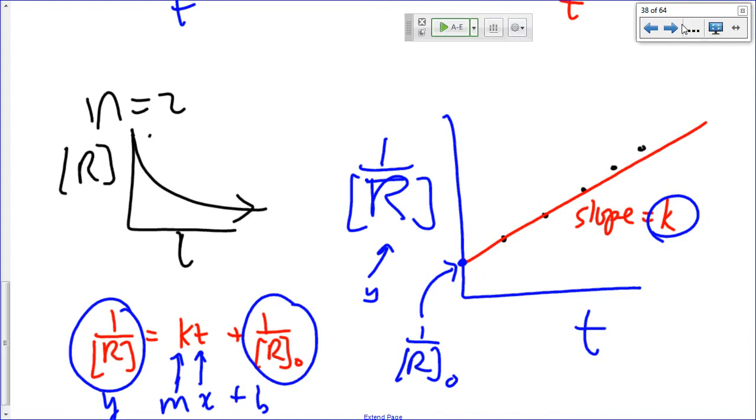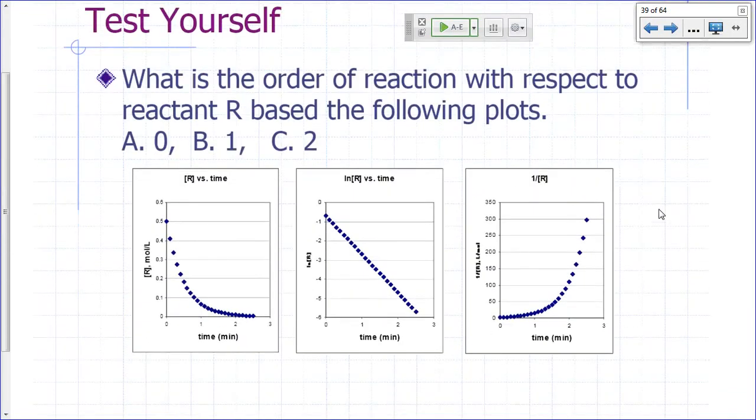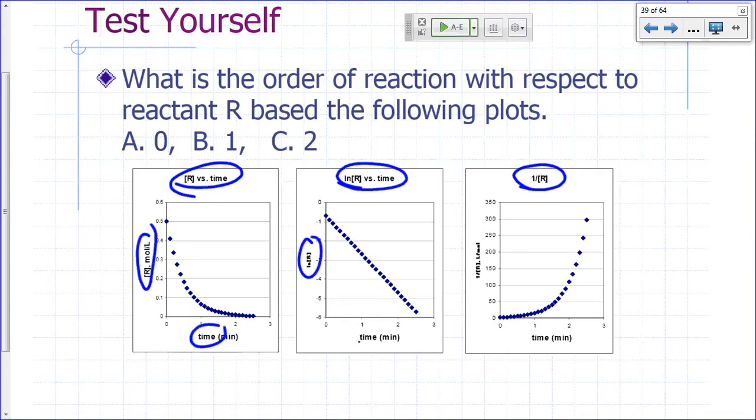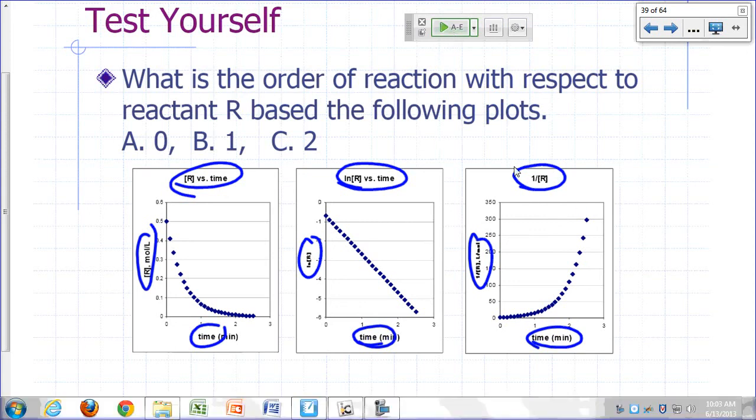So let's take a look at these examples right here. Here's data from the same reaction plotted three different ways. This plots R versus time, this one plots ln of R versus time, and this one plots 1 over R versus time. Based on what you're seeing on the graph here, is the order of the reaction zero order, first order, or second order?